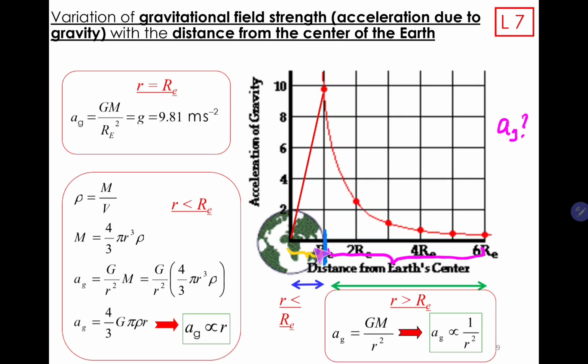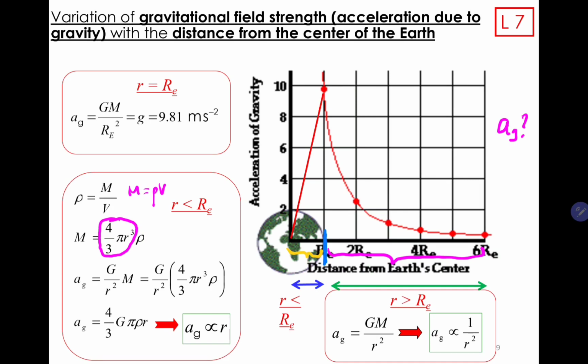All right. The equation of density is mass over volume. By rearranging the equation, you get mass equals rho V. So M equals rho V. V is the volume for any spherical object, 4/3 pi r cubed.